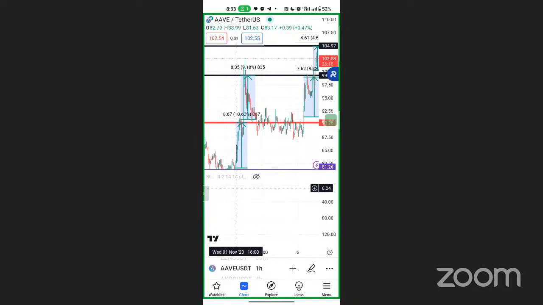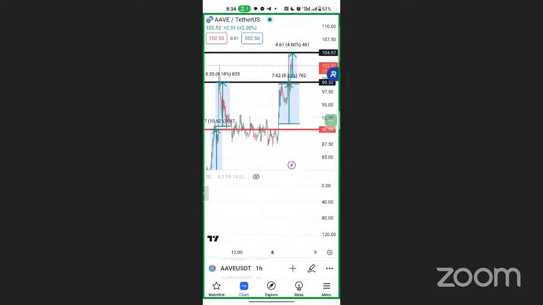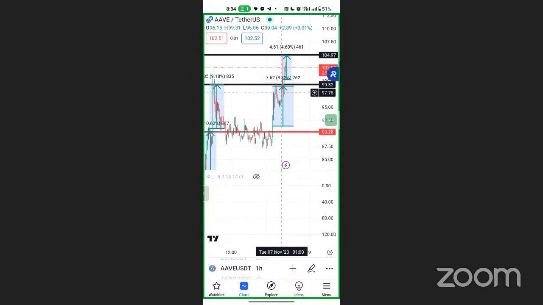Imagine on the 1st of November, you took a 10%, you came back in the market. On the 2nd of November, you took another 9%, you came back again. On the 6th of November, same coin, you took another 8%, you came back yesterday on the same coin, and you take another 4%.